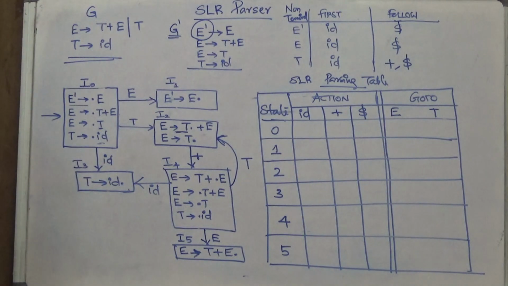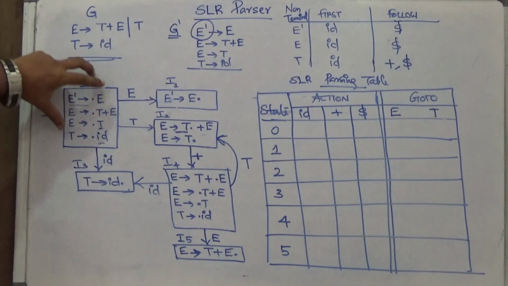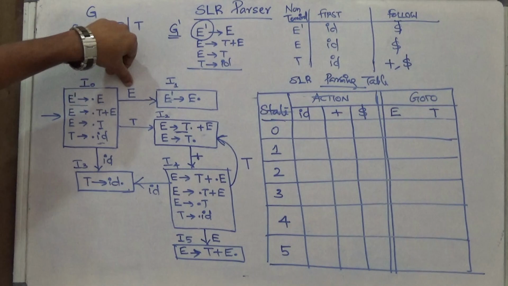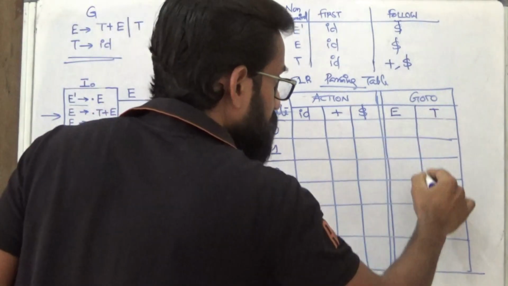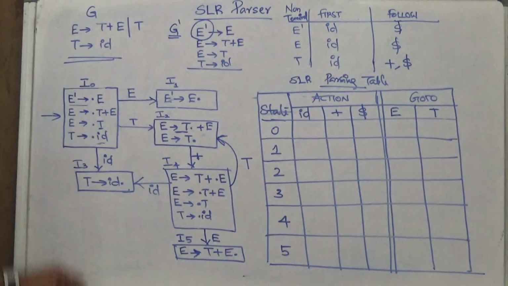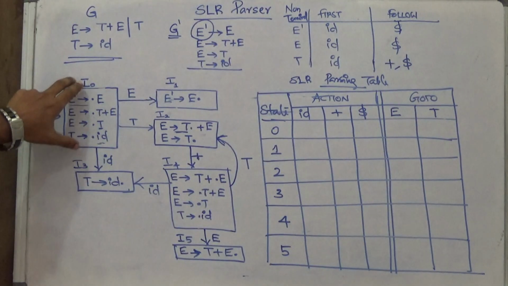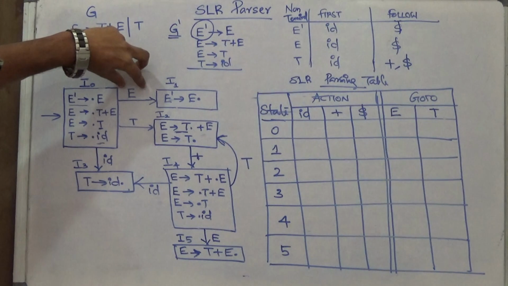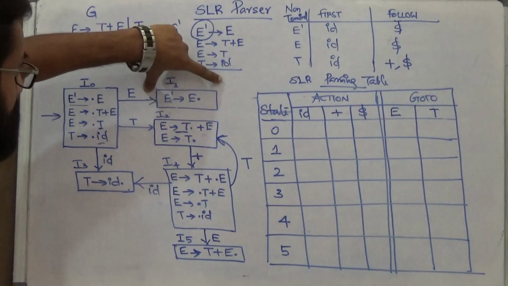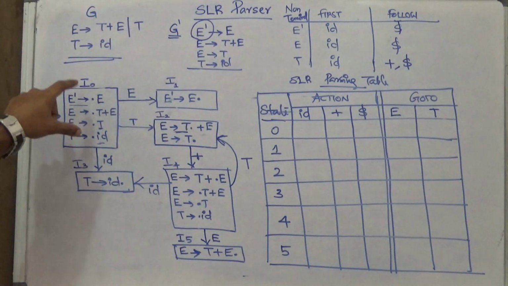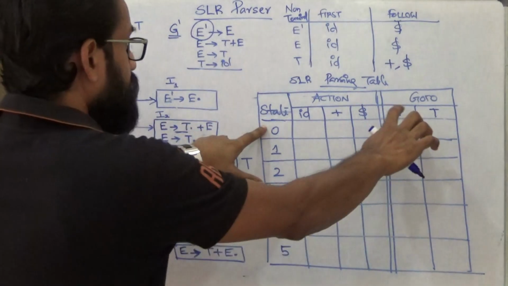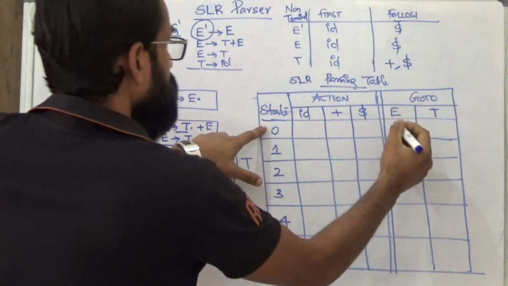Now you can process states one by one. If I consider state 0, it's having E transition. So for variables, you have to create entry in go-to part. From state 0, for grammar symbol E, it will go to state 1.